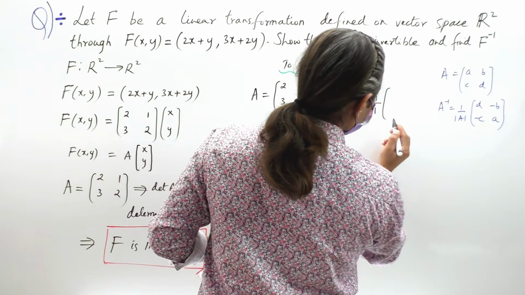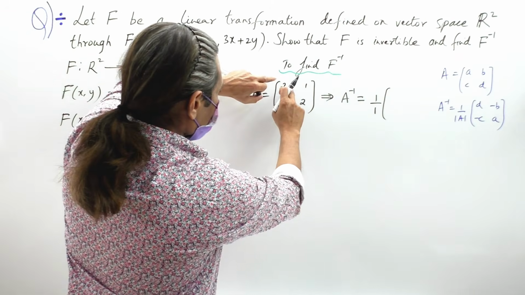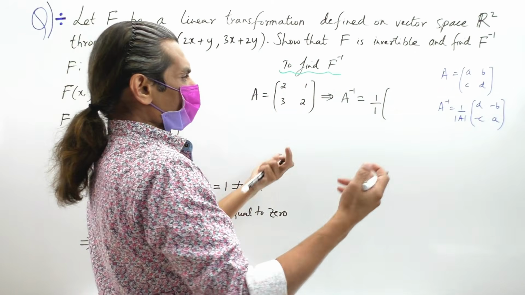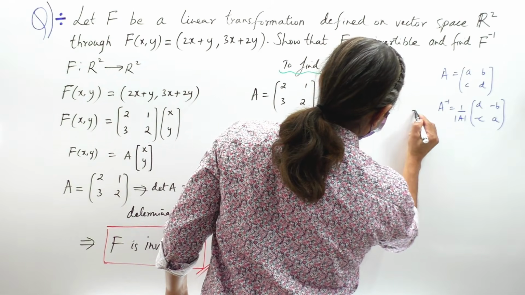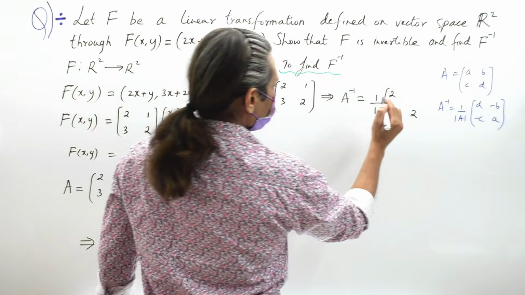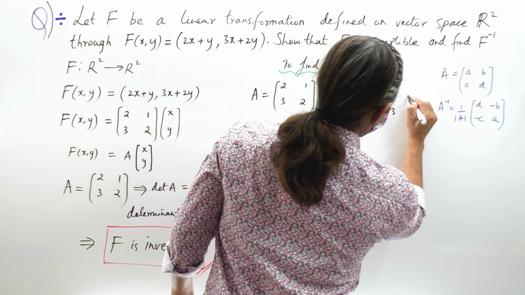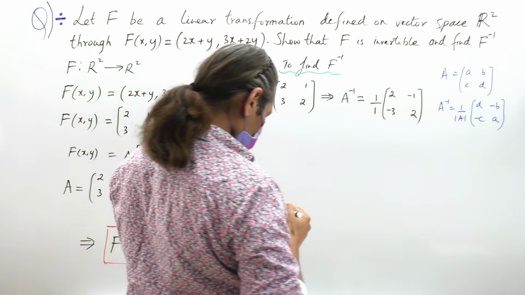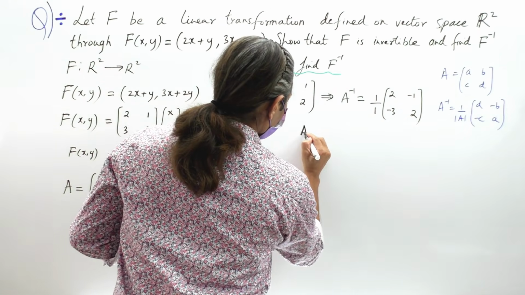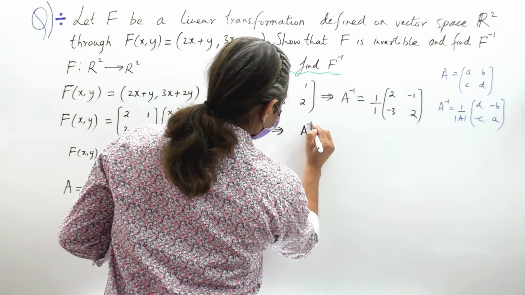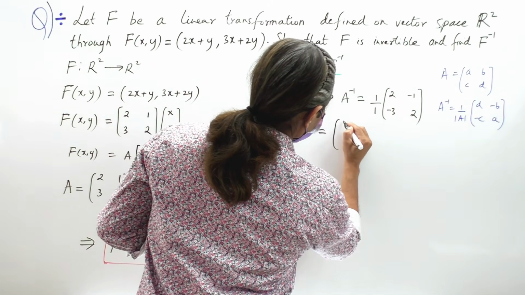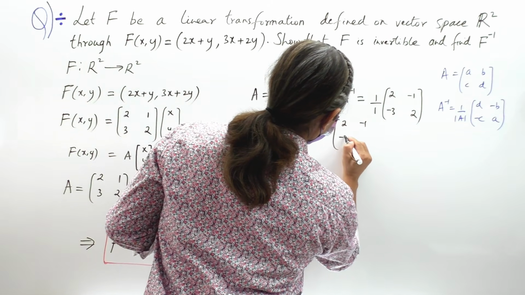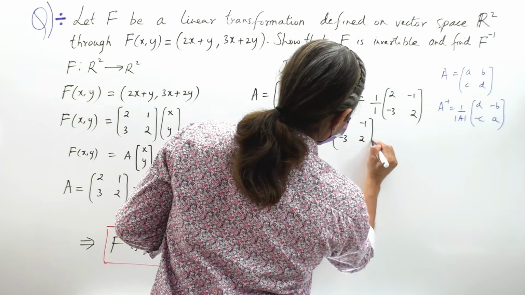Let's try this out. Here 2 and 2 obviously both are same, so they remain as it is, but this changes in sign, so we get here minus 3 and this becomes minus 1. So this is the A inverse. So we have A inverse equals [2, minus 1; minus 3, 2] because determinant is 1 here.